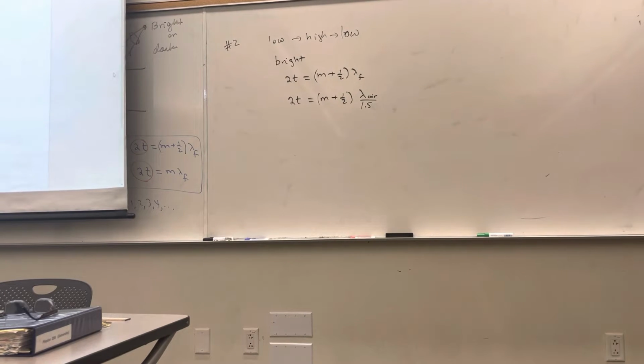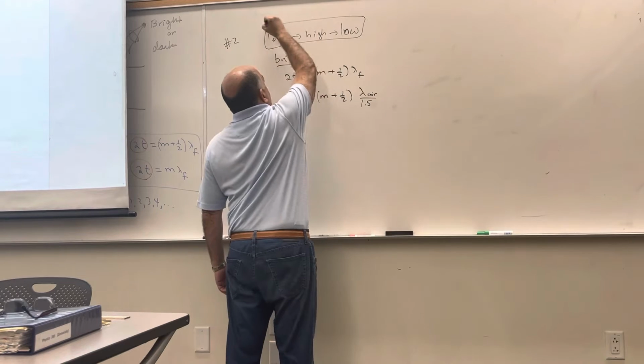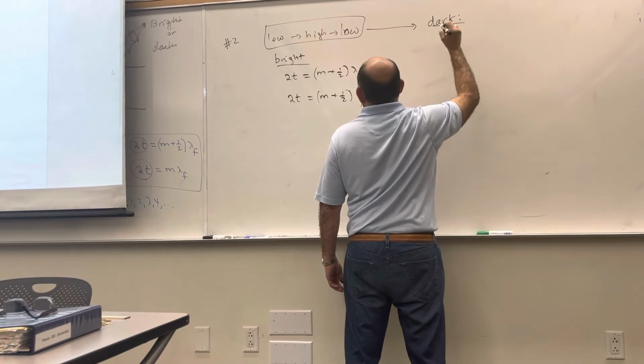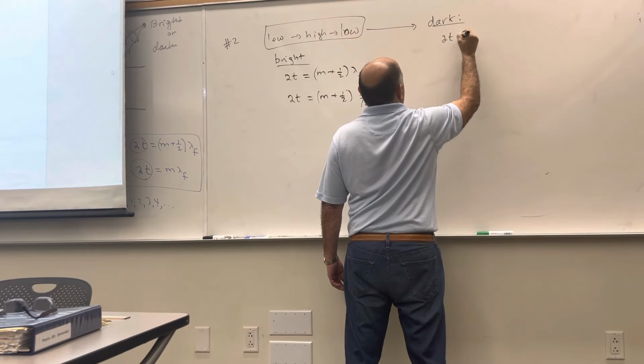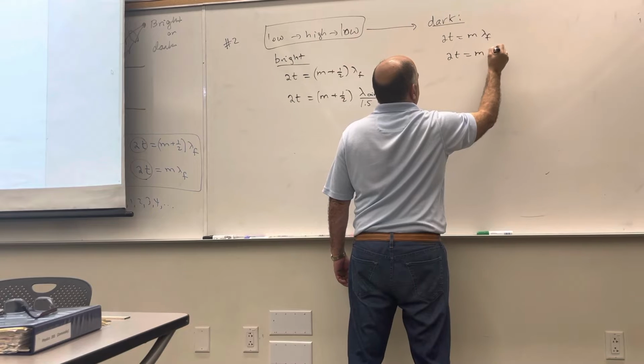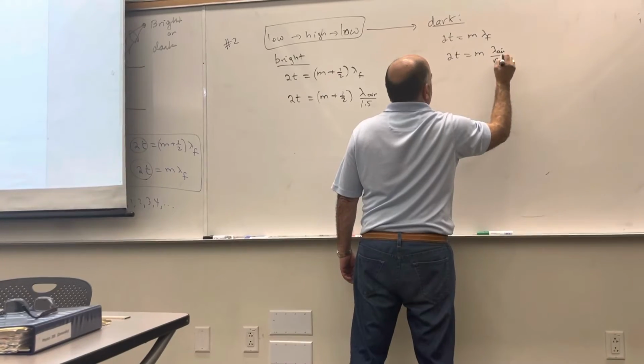Why is this dark? Why is it dark over here when the thickness is like 0? Because for this, if I consider dark, then 2t equals m lambda in the film. 2t equals m lambda of the light in air divided by the index of refraction of the light in the film.